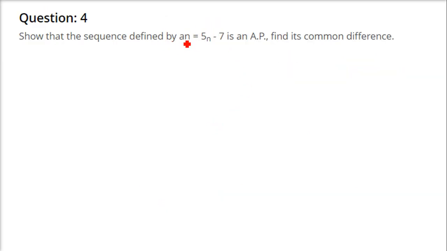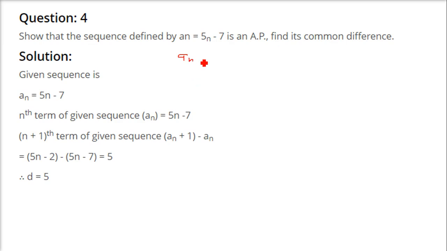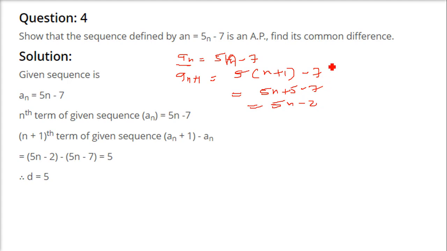Show that the sequence defined by a_n equal to 5n minus 7 is an AP. Find its common difference. So we have a_n as 5n minus 7. How do we find the common difference? Let us take the a_(n+1)th term, the next term: 5(n+1) minus 7, that is 5n plus 5 minus 7, which is 5n minus 2.